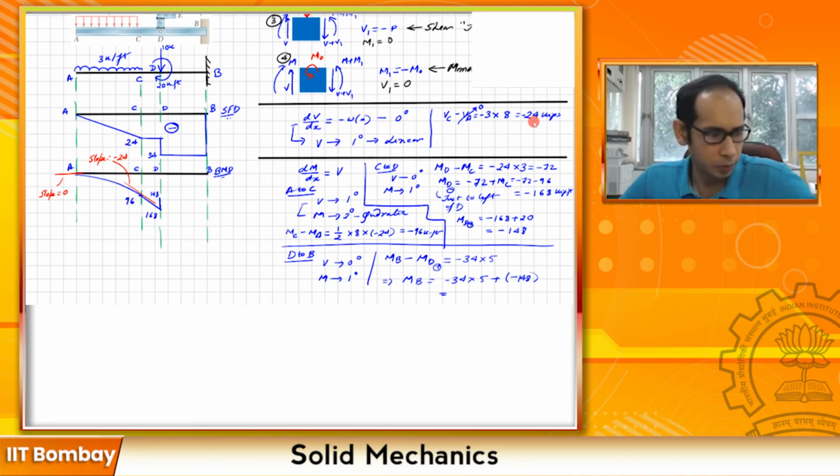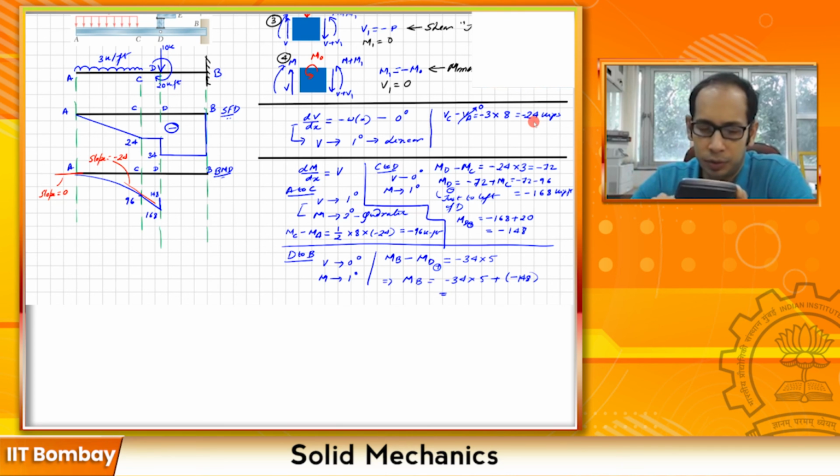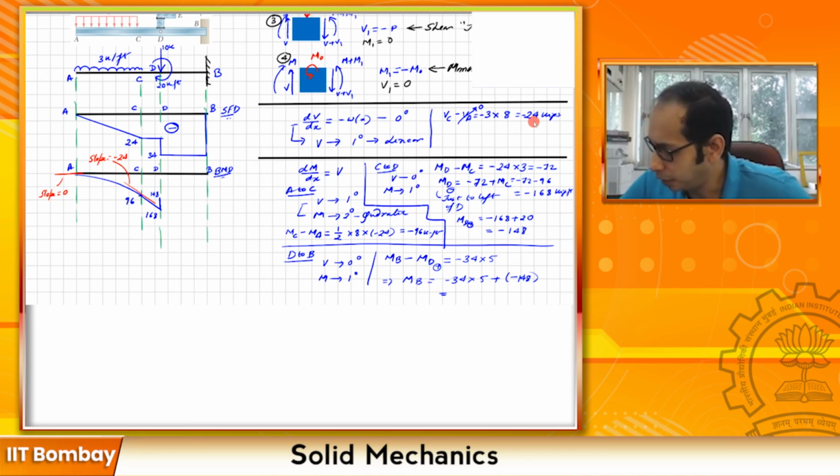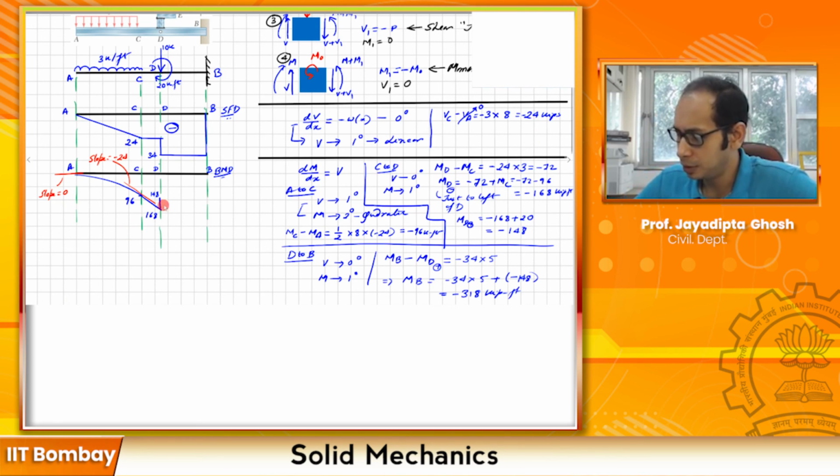Now let's do the quick calculation. 34 times 5, you get a negative 318. You get minus 318 kip-feet. So from D to B, you have a linear variation, and the value at B is negative 318.